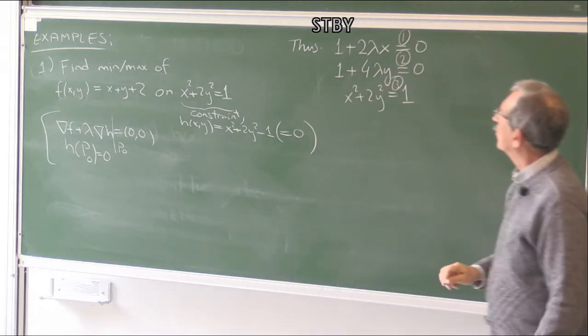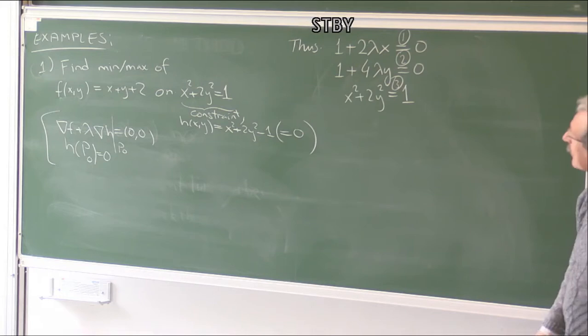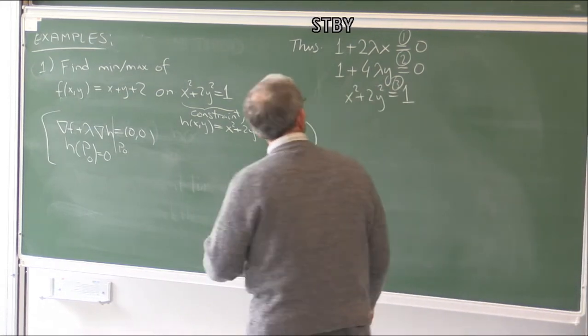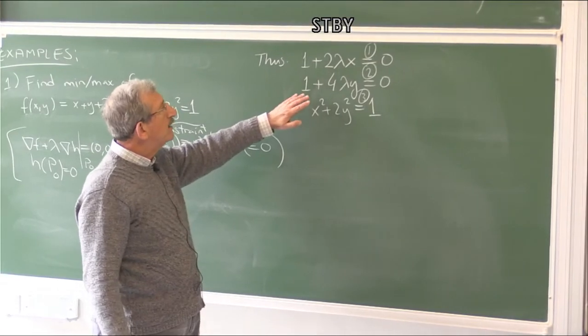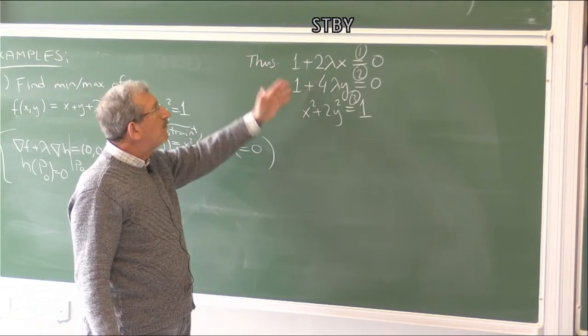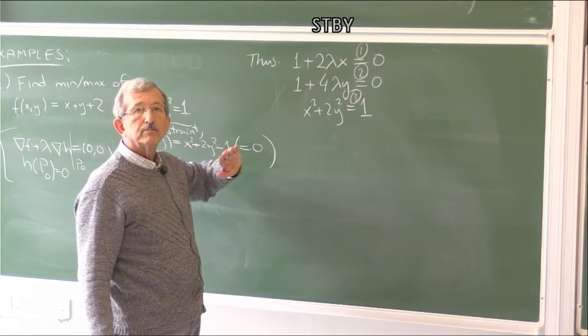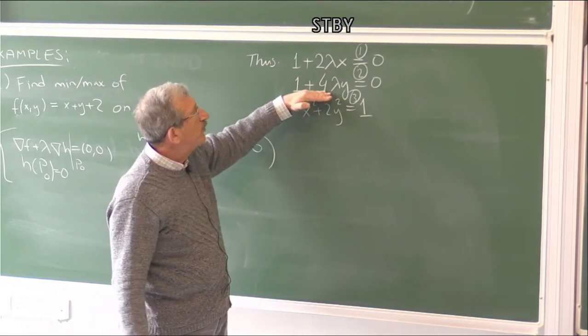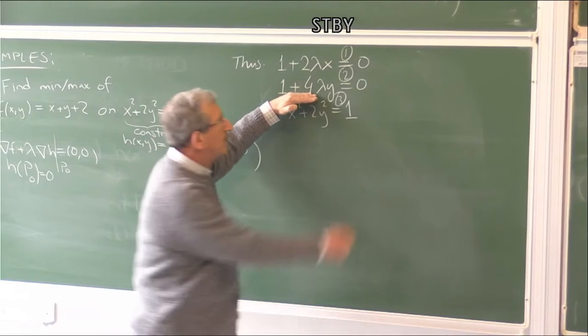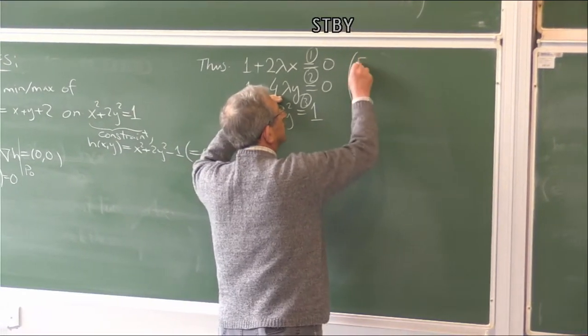We want to solve them. Before we attempt a solution, we first observe that x, y, or lambda cannot be 0, because if any one of them is 0, from equation 1 or 2, we get a contradiction.